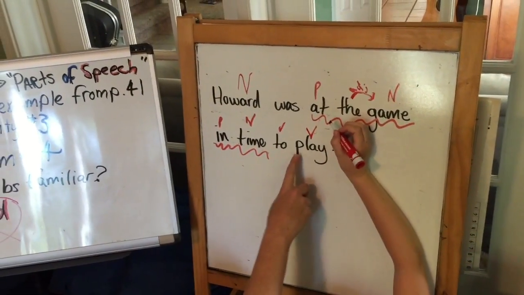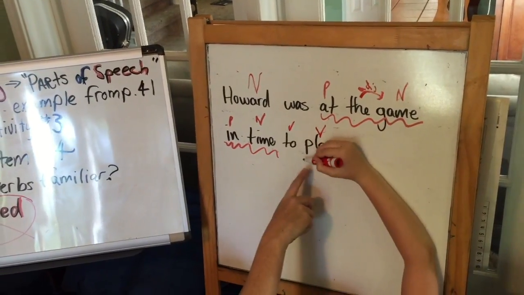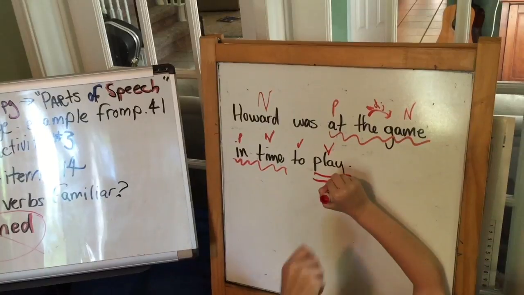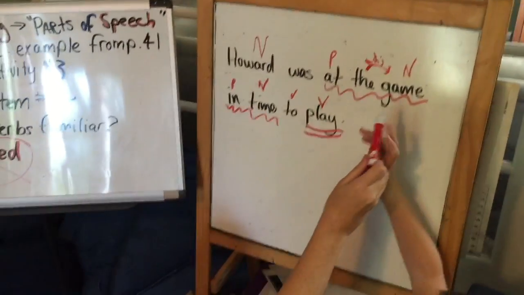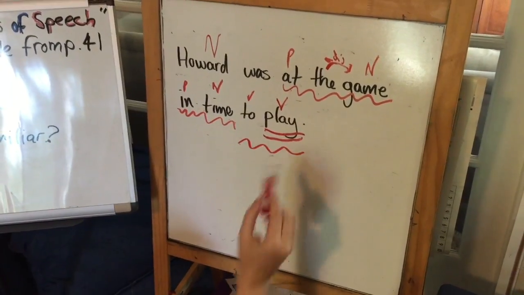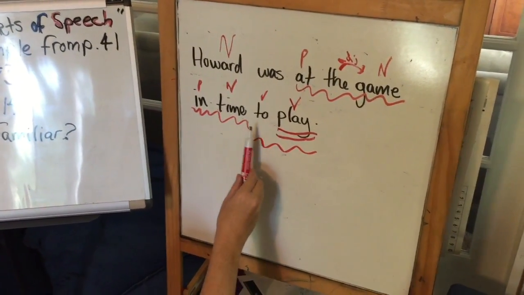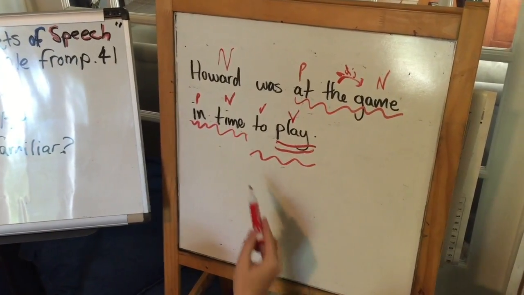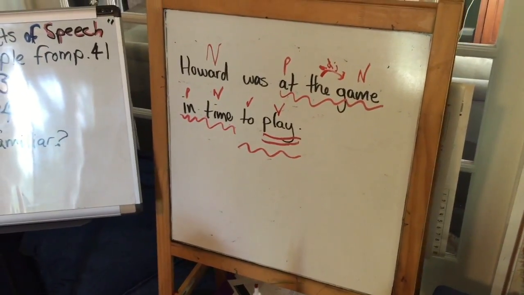And verbs we label with two double underlines underneath. And a phrase, we signify by doing the squiggle line underneath, right? So to play is a verb phrase or infinitive, right?